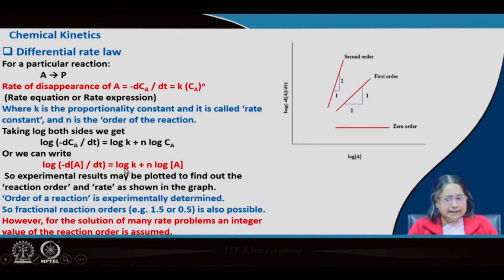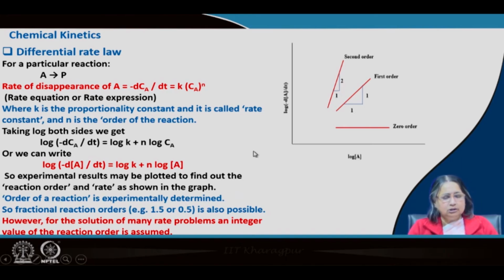It is the equation of a straight line, so you will get straight lines, but the slope will be different. In case of a second order reaction, you will get slope 2. In case of a first order reaction, you will get slope 1, and in case of a zero order reaction, you will get a straight line parallel to the x axis. So it is possible to determine the order in this way.